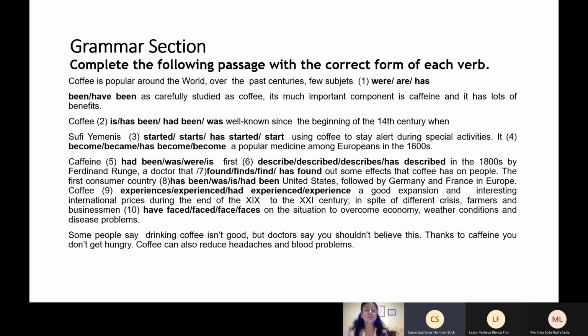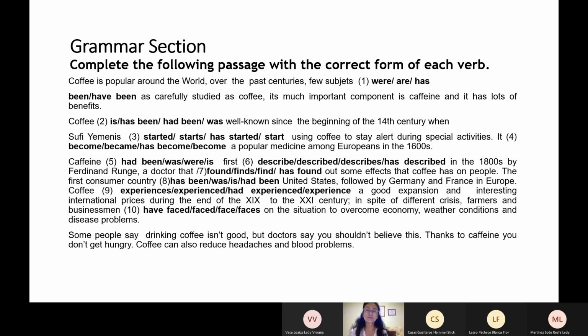Okay, you say few subjects has been, ¿cierto? Has been, present perfect. ¿Sí? Yes. Claro, porque está en presente. Mire que termina el texto. And it has lots of benefits. Y tiene muchos de los beneficios. Por eso la anterior dice has been. ¿Por qué has been? Porque ha sido. Few subjects. Ah, pero espérate un momentico, señor Hammer Steven. Dice few subjects. Subjects is singular or is plural.